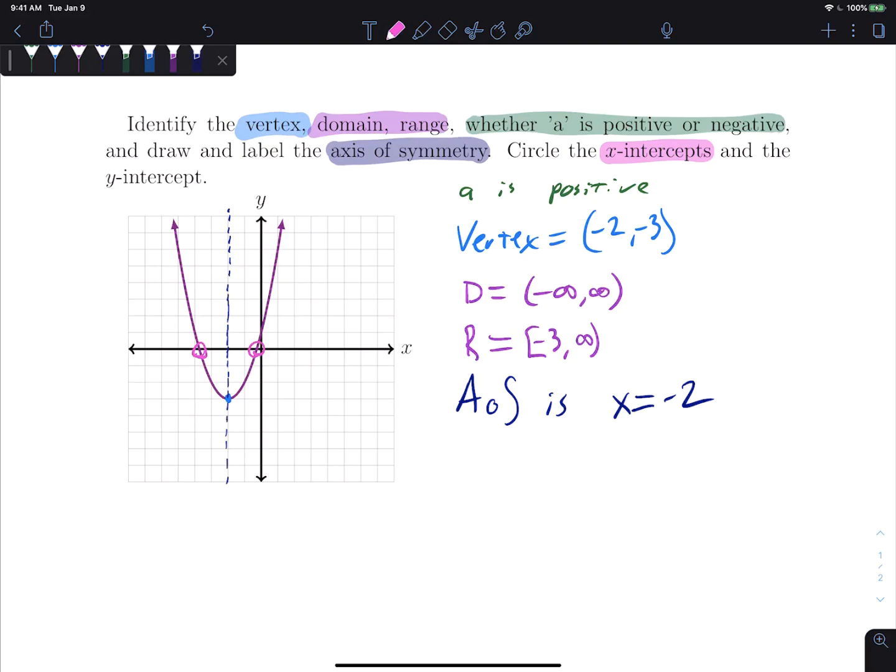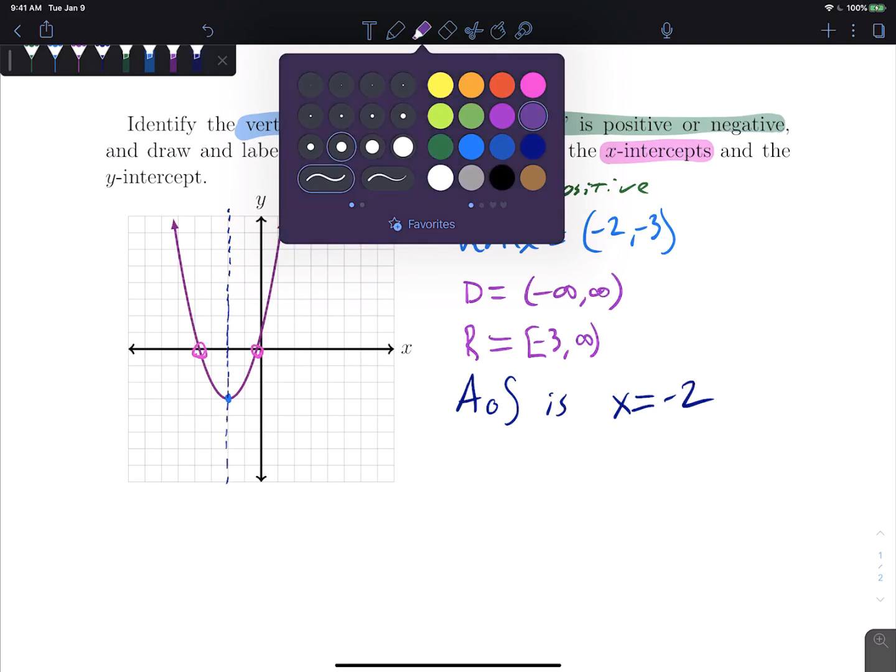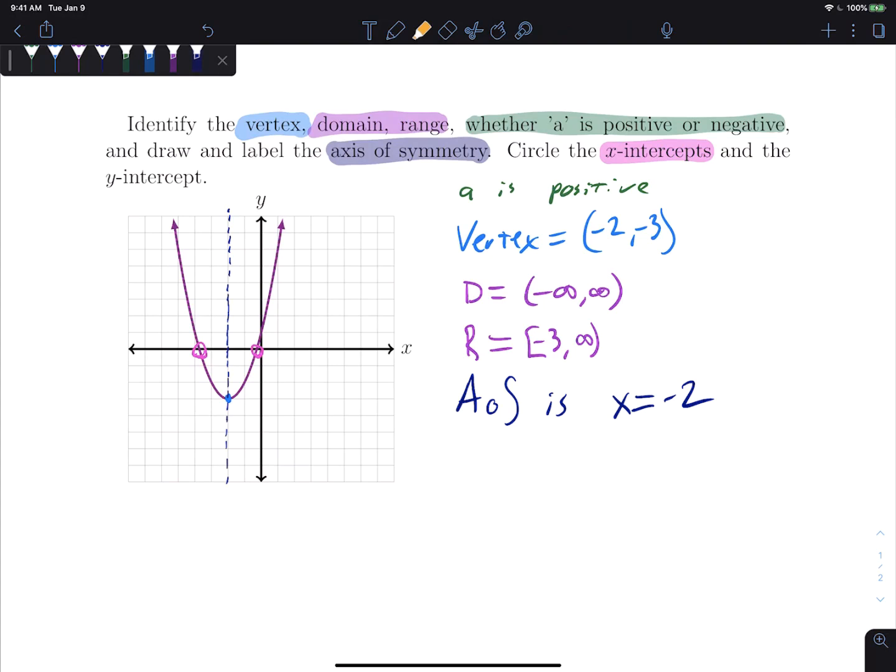I'm going to make this one a little bit smaller, though. So circle that there. Excellent. So that is the x-intercept. Next, let's look at the y-intercept. Let's use orange. The y-intercept happens where it crosses the y-axis, which just happens to be right there.